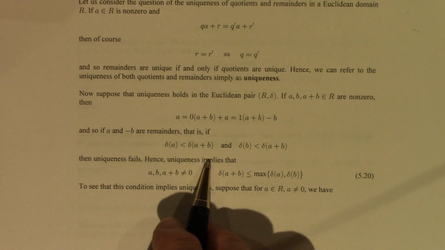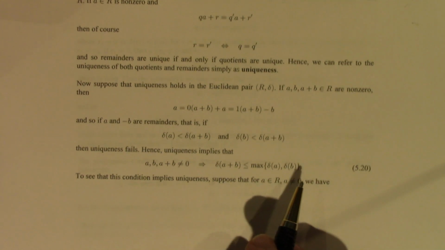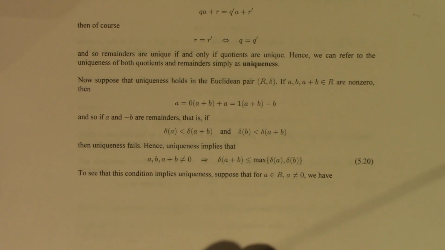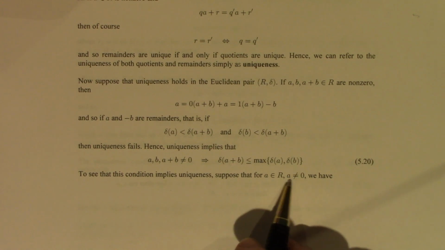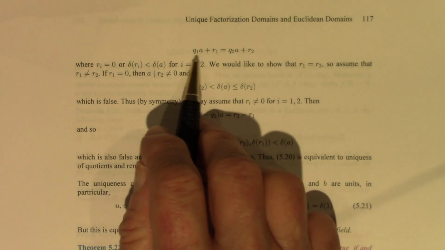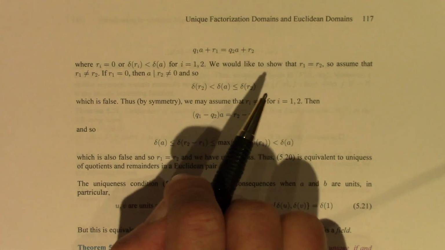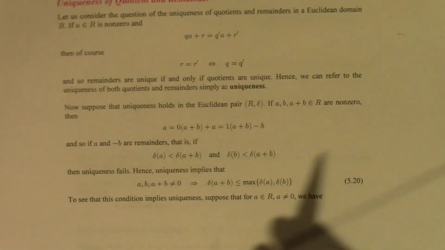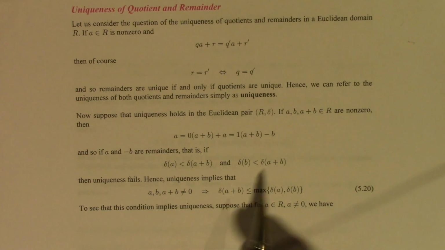Uniqueness of quotients and remainders implies this condition. To see that this condition implies uniqueness, suppose that we have a non-zero element A, and we have Q1A plus R1 equals Q2A plus R2. Now we're assuming that condition. I don't know that there's a name for this condition. Norm of a sum inequality or something like that.